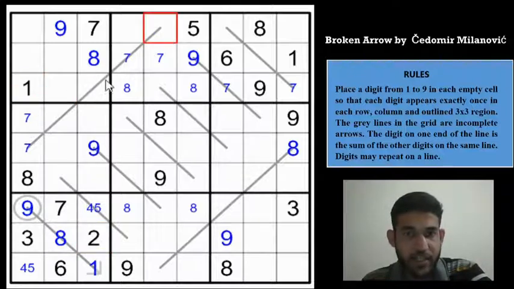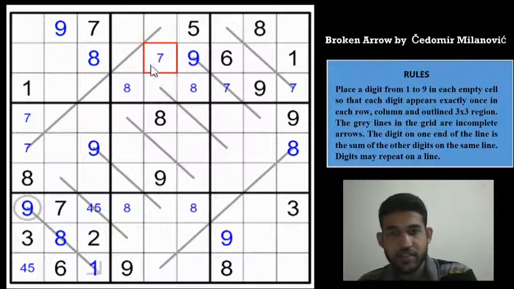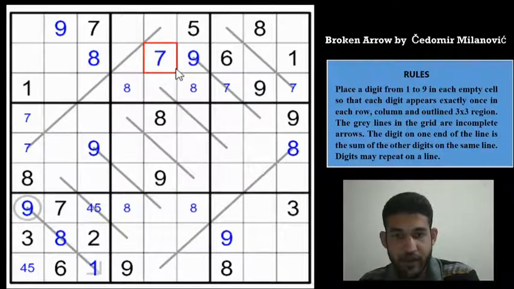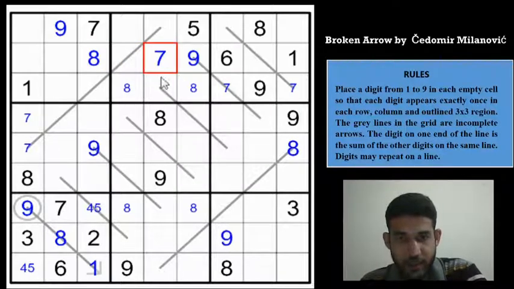So already we are reaching a total greater than 9. So 7 cannot be here. Regardless of whether the circle is here or here, 7 cannot go here, right? Simple to see. So you get the 7 here, and 7 cannot be in column 5 now, and 7 cannot be in row 7. So which means that 7 has 3 possibilities, right?